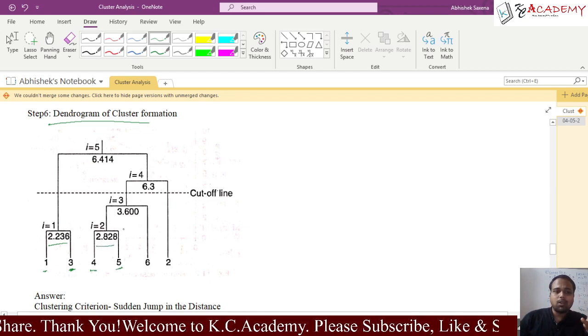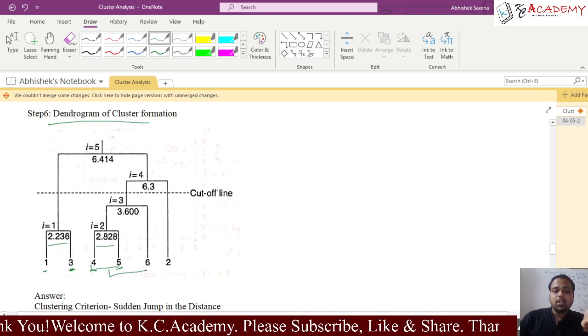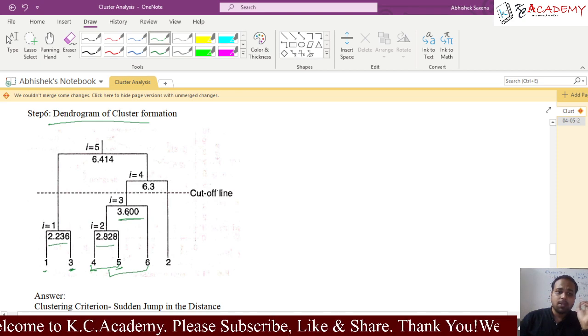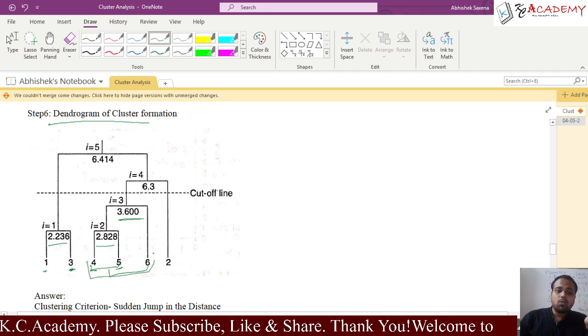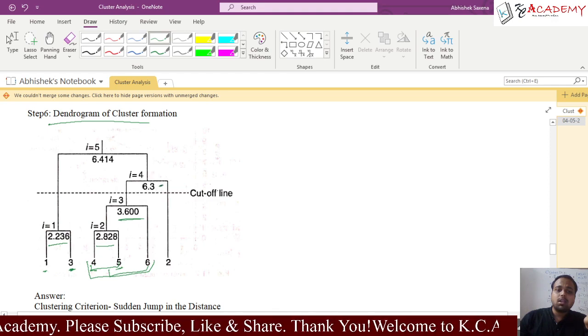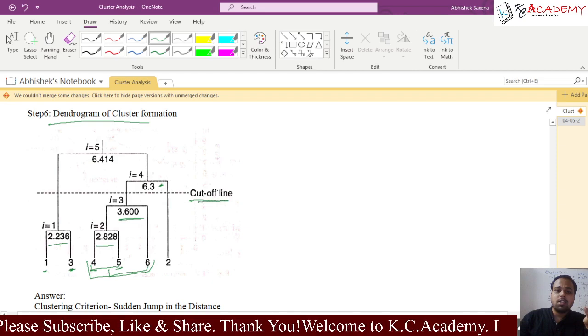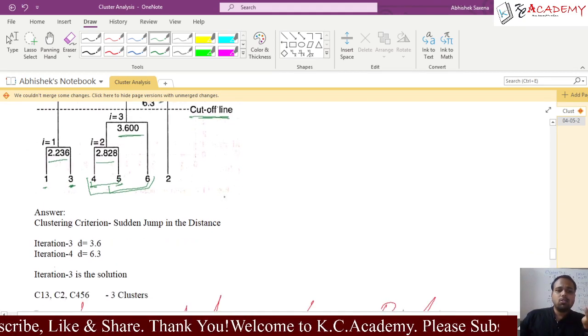We already did this one. Then we combined 4, 5 with the 6, and we got the distance as 3.6. Then we combined 4, 5, 6 with 2, and we got 6.3. But 6.3 is the jump line. So that's why this cutoff line is mentioned here. That is the dendrogram of cluster formation. That is not very important.